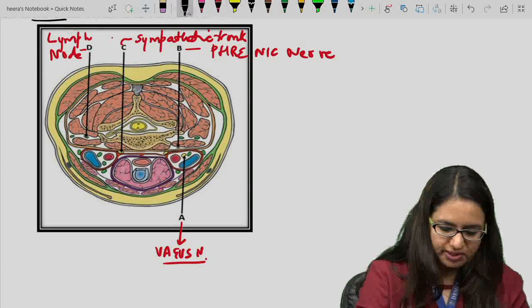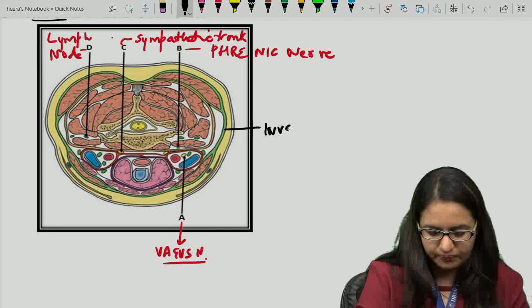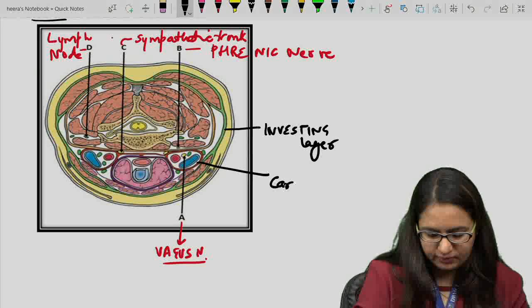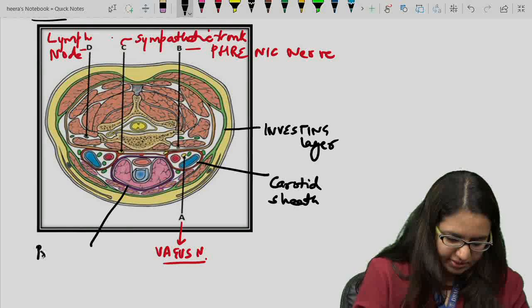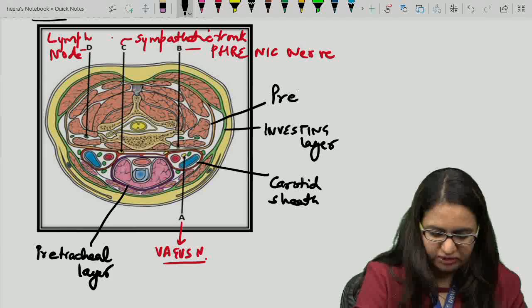Apart from this, if you visualize other structures, this is the investing layer of the deep fascia. This is the carotid sheath. This is the pretracheal layer, and this is the prevertebral layer of the deep fascia.